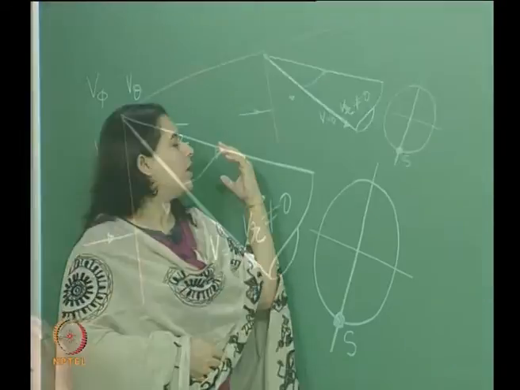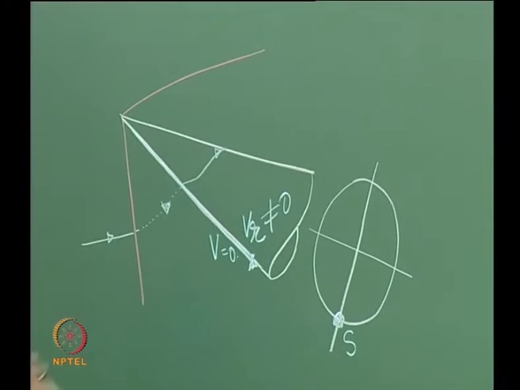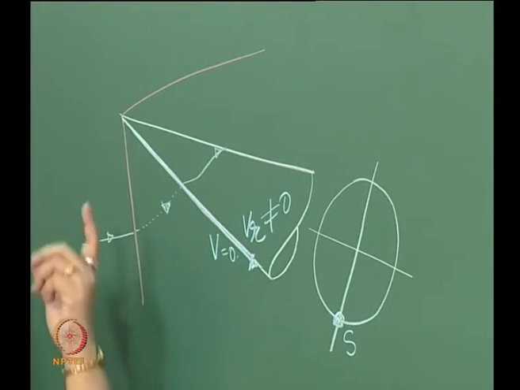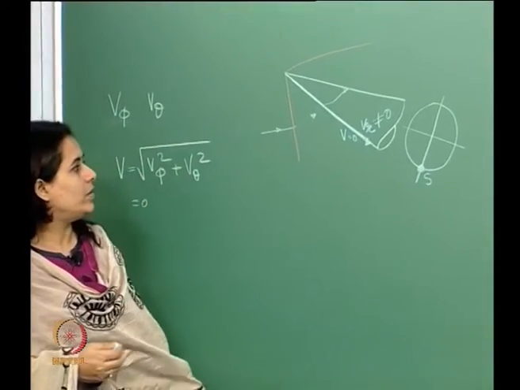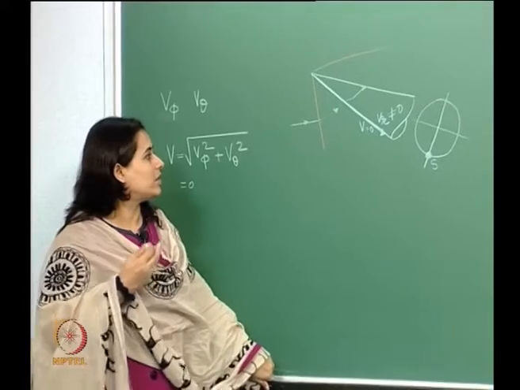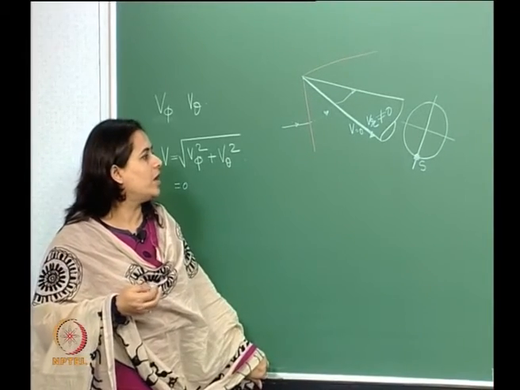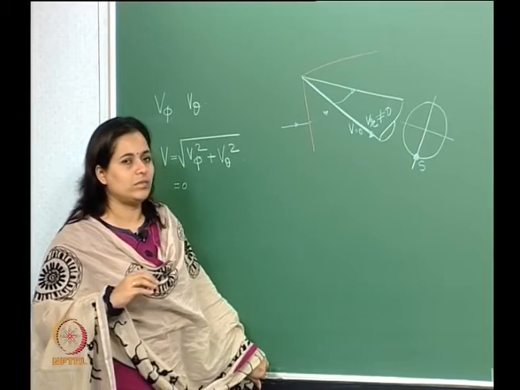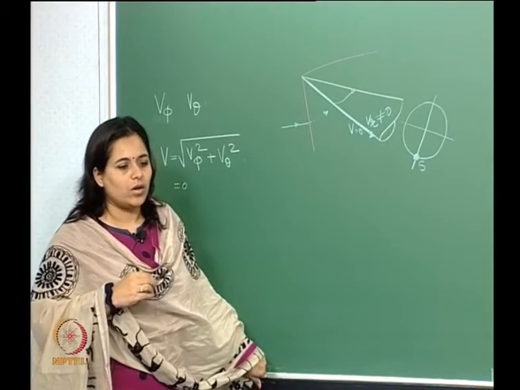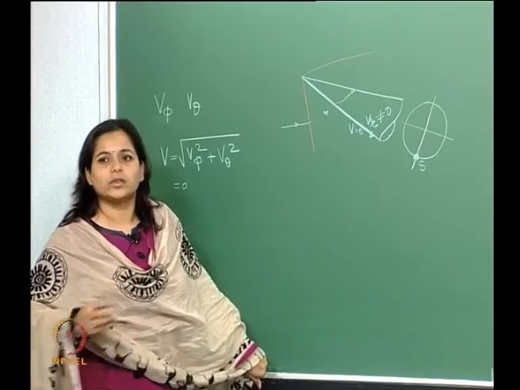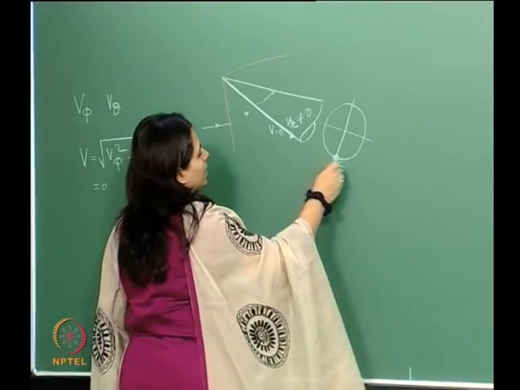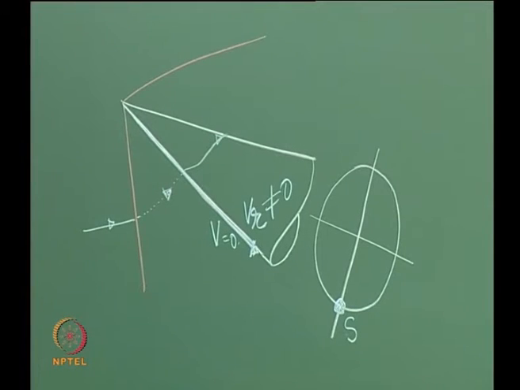Even for this radial line, it still has a finite Vr. So typically, in a 3D conical flow, there are no stagnation points, but you can think of this as a stagnation point over here, and this goes for all the cases that we have seen.